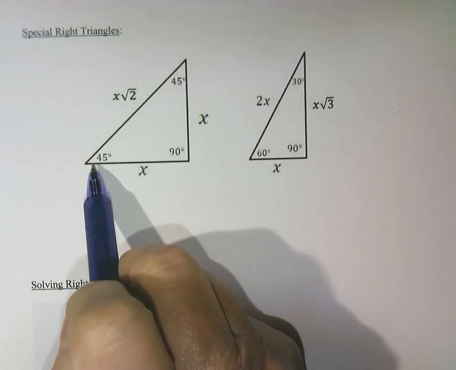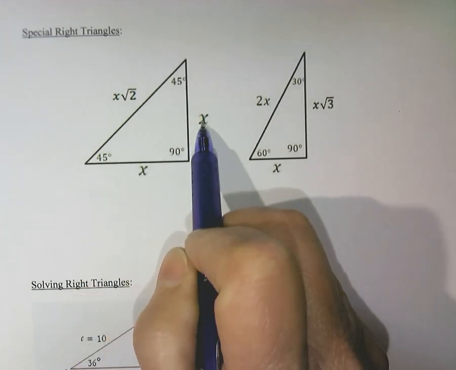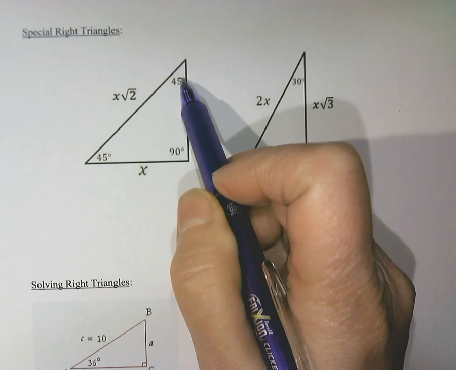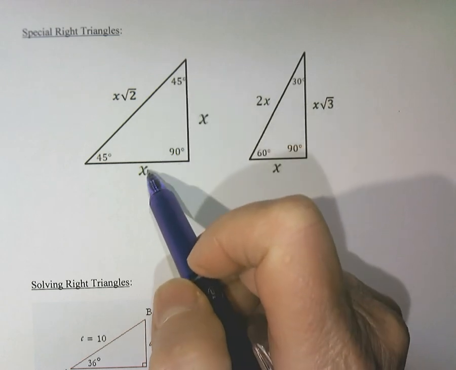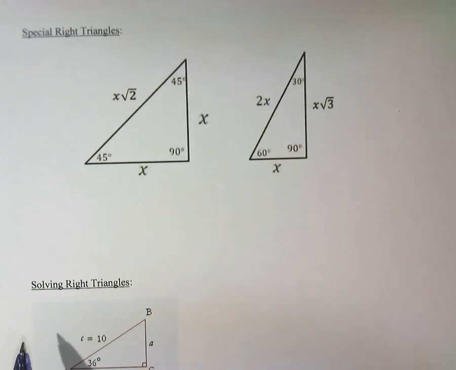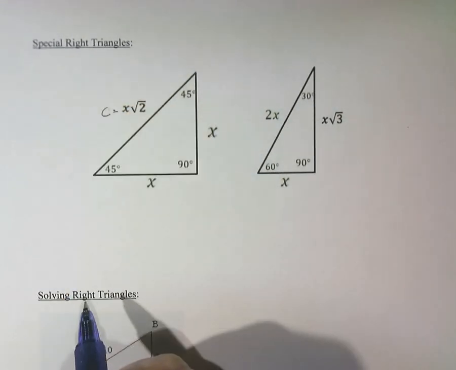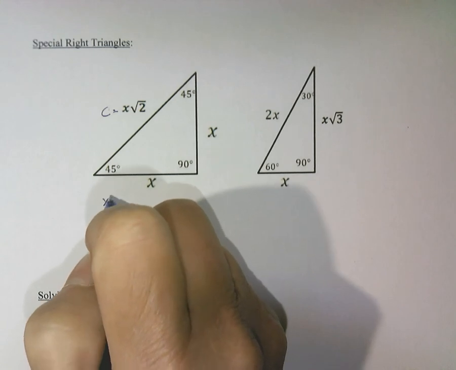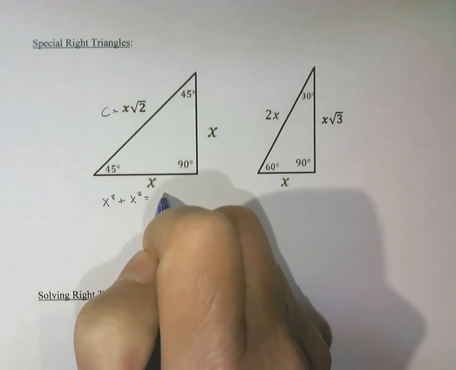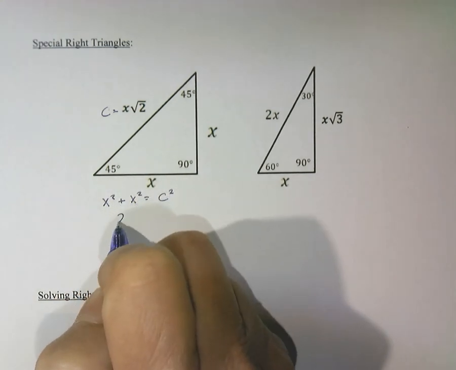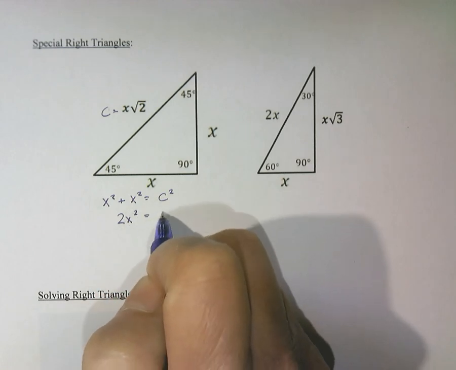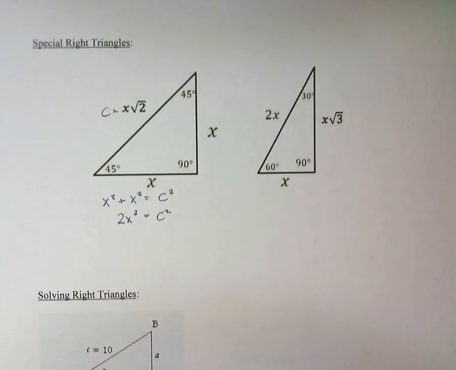If this angle is 45 degrees, that side is x. This angle is 45 degrees. This angle has to be the same as that. So if this were c, the hypotenuse is c, I know x squared plus x squared equals c squared. So 2x squared equals c squared.